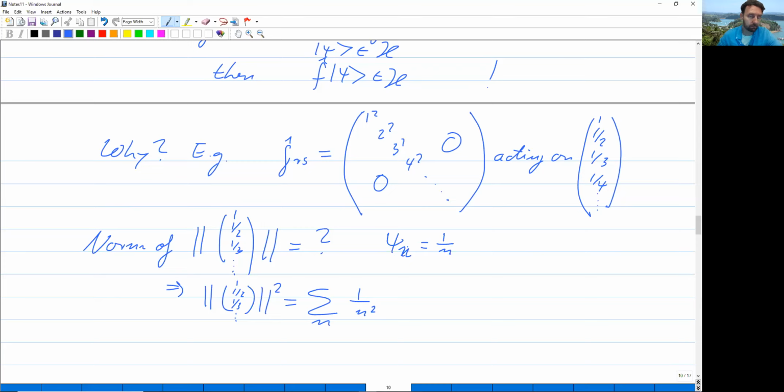This better be finite in order for our vector to be in the Hilbert space. So what is this value? As it turns out, people have wondered about this even before quantum mechanics. What is the series 1 over n squared? In fact, a prize was promised for anybody who works out what that is, because it turned out to be super hard to actually sum up that series.